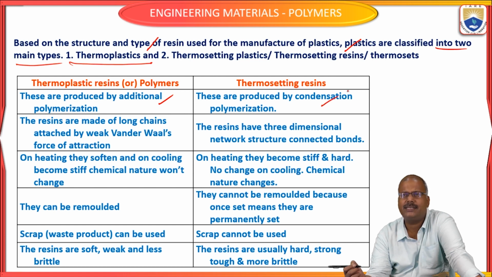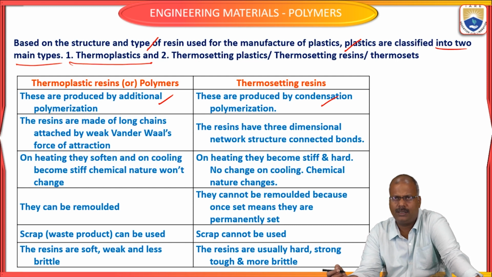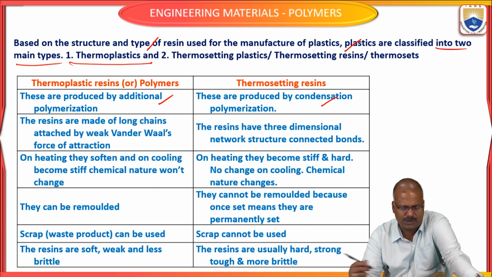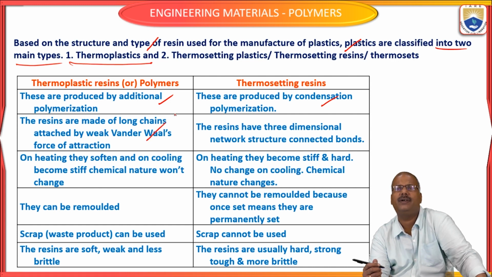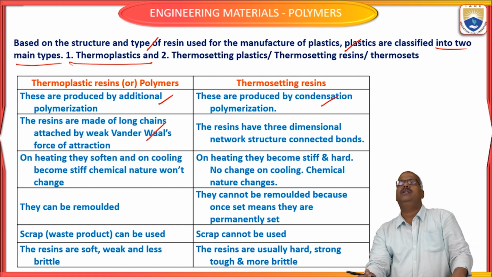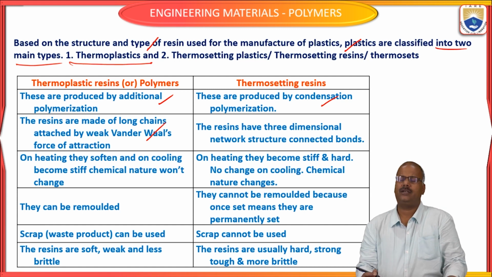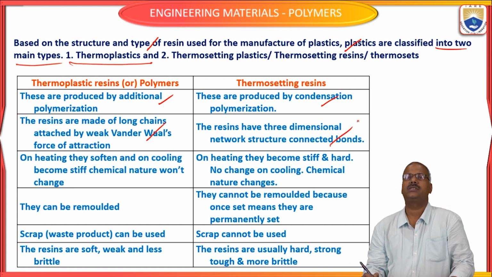Thermosetting resins are produced by condensation polymerization, which we have seen in the last video, and also how addition polymerization undergoes a free radical mechanism. Thermoplastic resins are made of long chains attached by weak van der Waals forces of attraction. Thermosetting resins have a three-dimensional network structure connected by bonds.